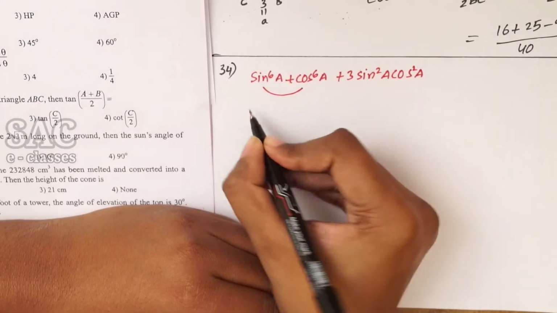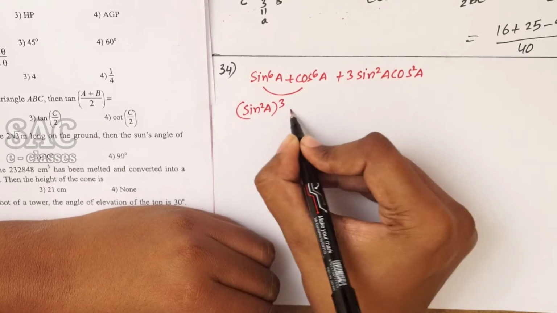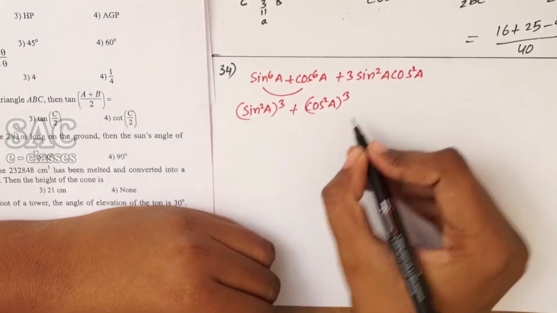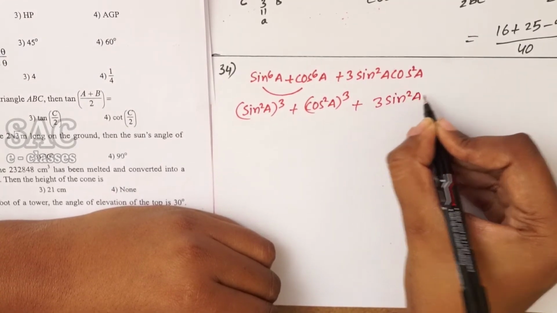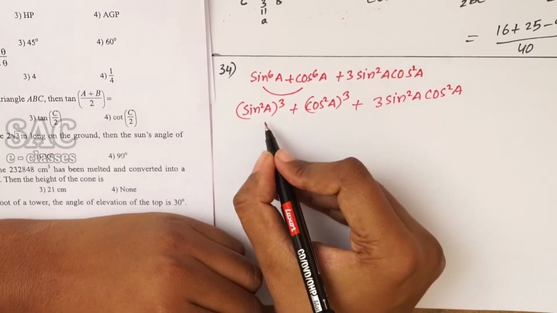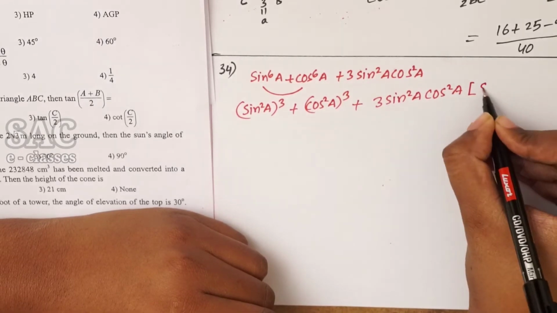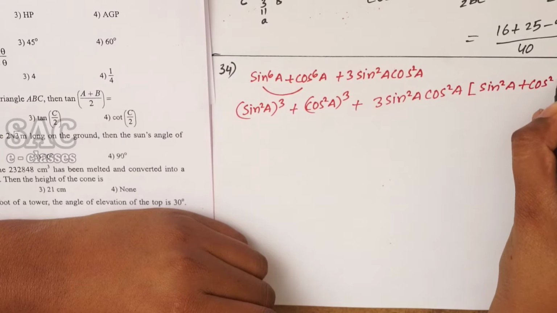Usually you can write it as sin square A whole cube plus cos square A whole cube plus 3 sin square A cos square A. It is a cube plus b cube plus 3ab into, can we write it as sin square A plus cos square A?